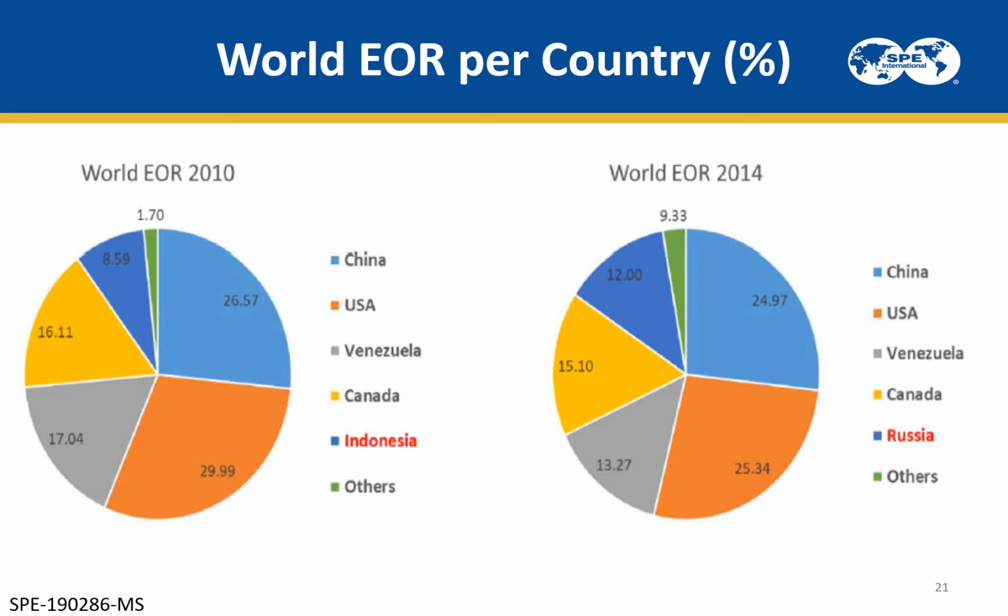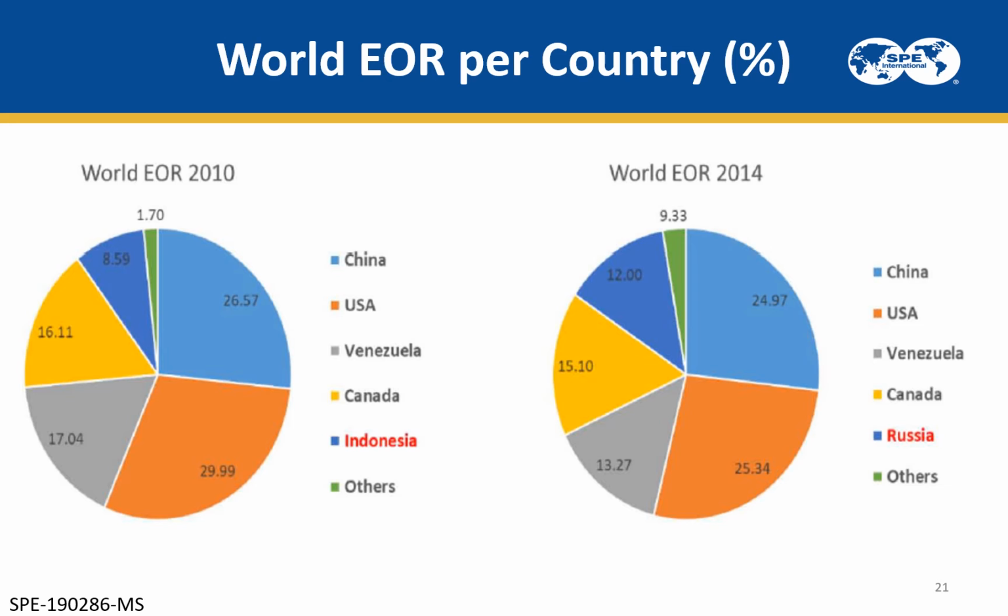Another classification is EOR per country. The highest country implementing EOR, by almost 30%, is the USA, then China at 26%. This is a comparison between 2010 and 2014. And also Venezuela 17%, beside Canada 16%, and 80% for Indonesia, 1.7 for the rest of the world.